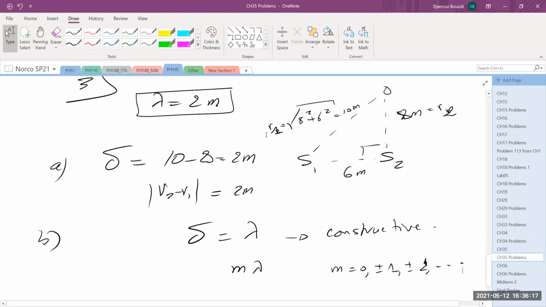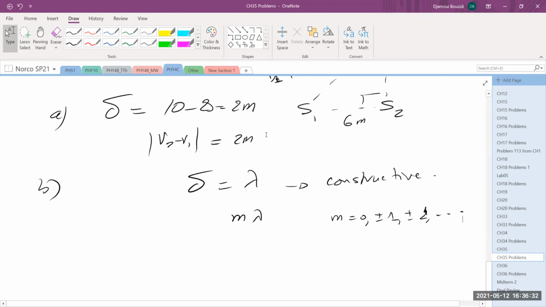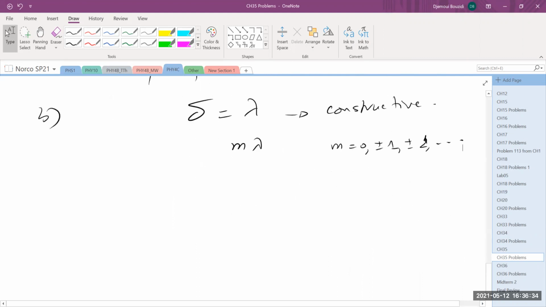As a matter of fact, part C: suppose the observer now increases her distance from the closest speaker to 17 meters, staying directly in front of the same speaker as initially. So she moves back, basically.